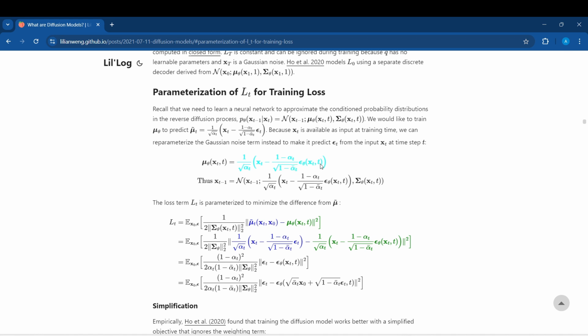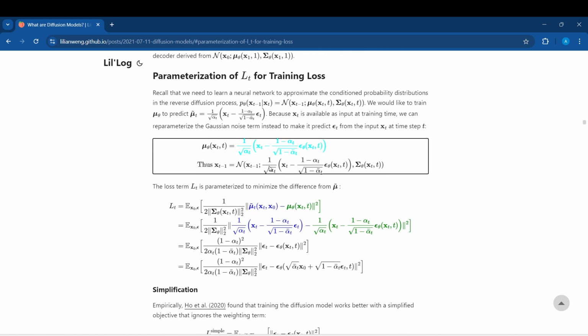What is actually going on here is that this is our image and this is just a scaling factor, and we are subtracting this noise from this x_t image.